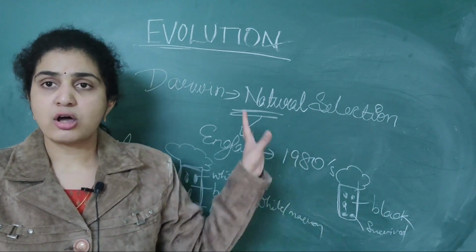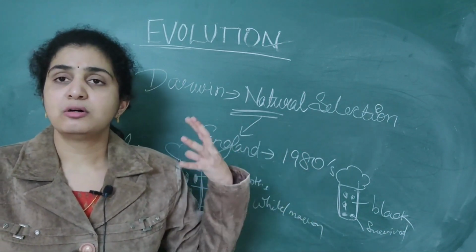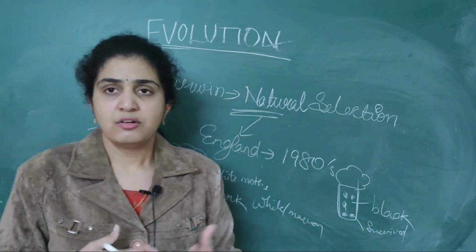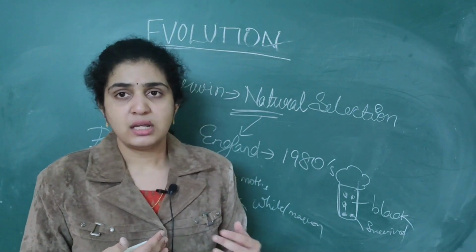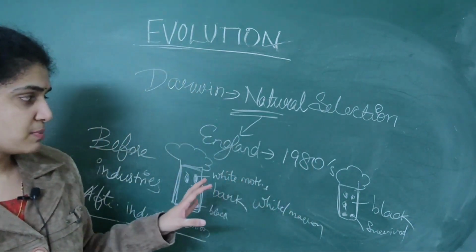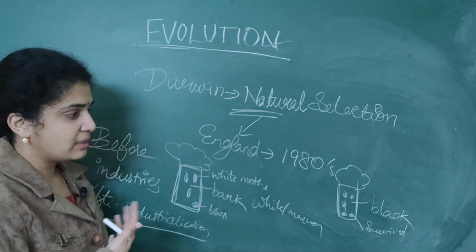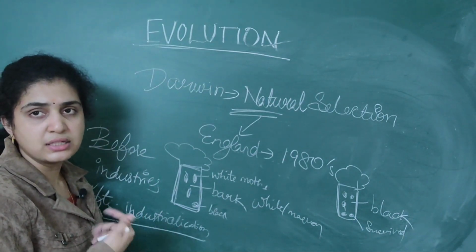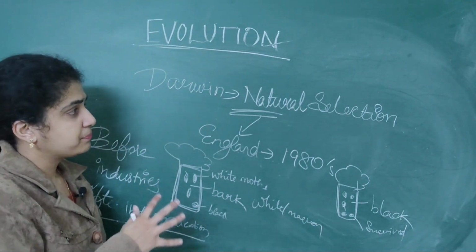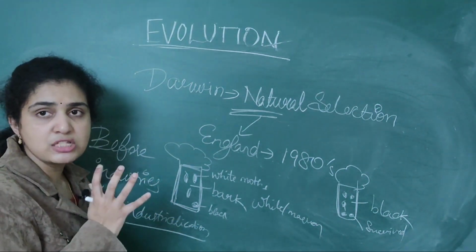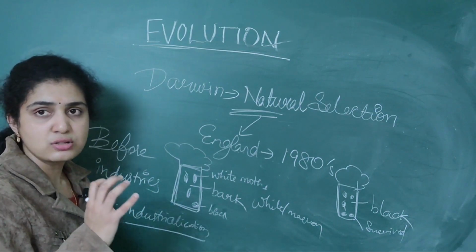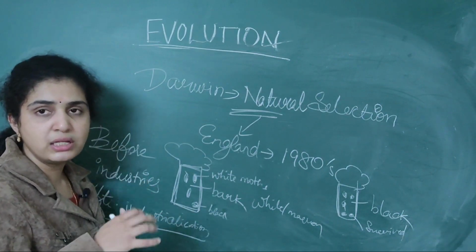This full concept was proposed about natural selection. Nature will select those which it wants, which means it is able to clearly identify the substances associated with it. And Charles Darwin's natural selection theory was proved here.